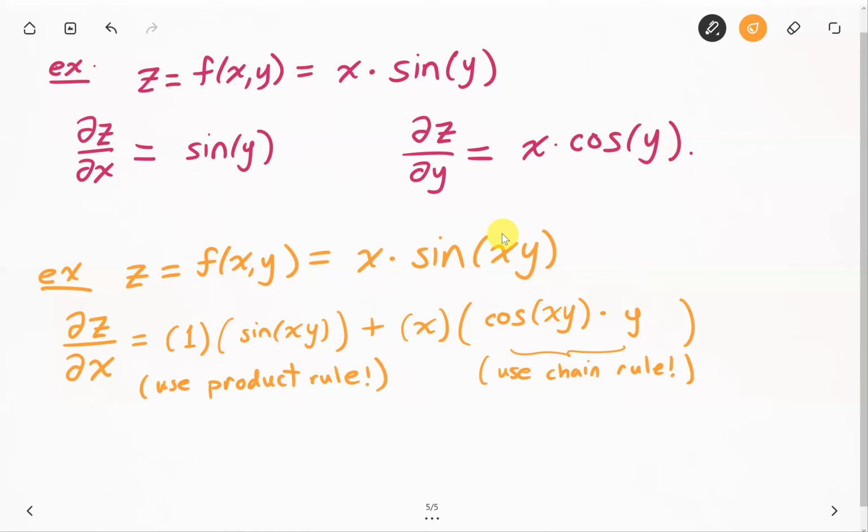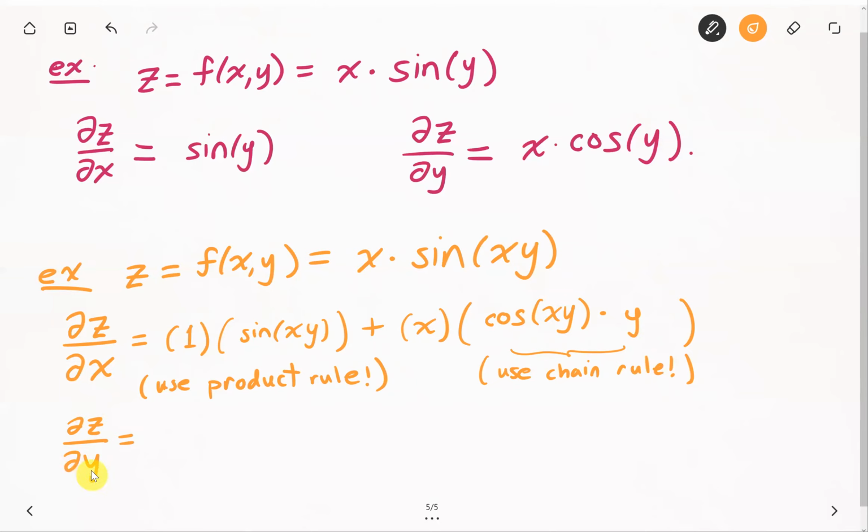Will dz dy be as hard to calculate? Well, let's see. First, you might ask yourselves, do we need to use the product rule again? Well, do we have a function of y times a function of y? In this case, we have a function, but it's a constant function.